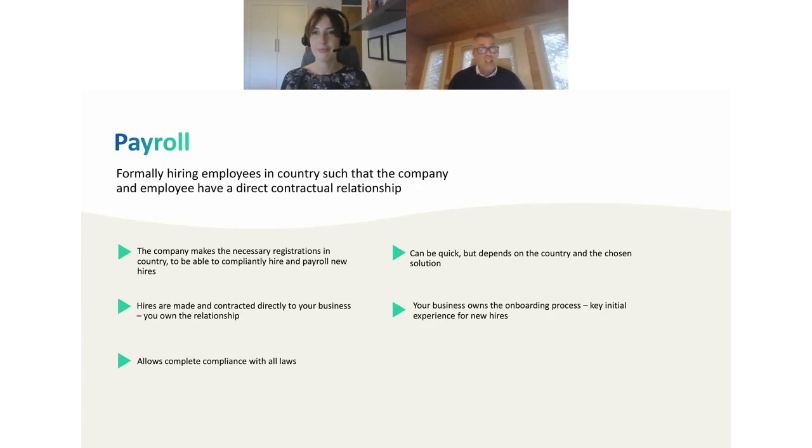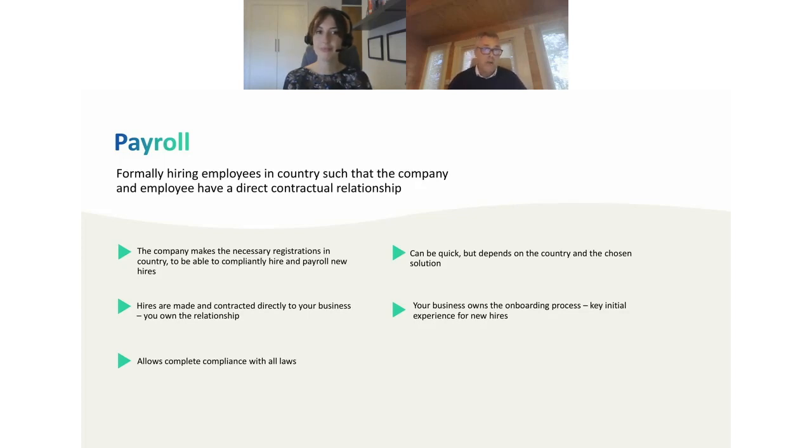Now, some businesses don't view it like that, but if you're from an organization that has a real emphasis on maintaining a really strong positive culture, then a direct employment model and payrolling them has to be the way forward. It also ties into the employment contract. You have control over what goes into that employment contract.